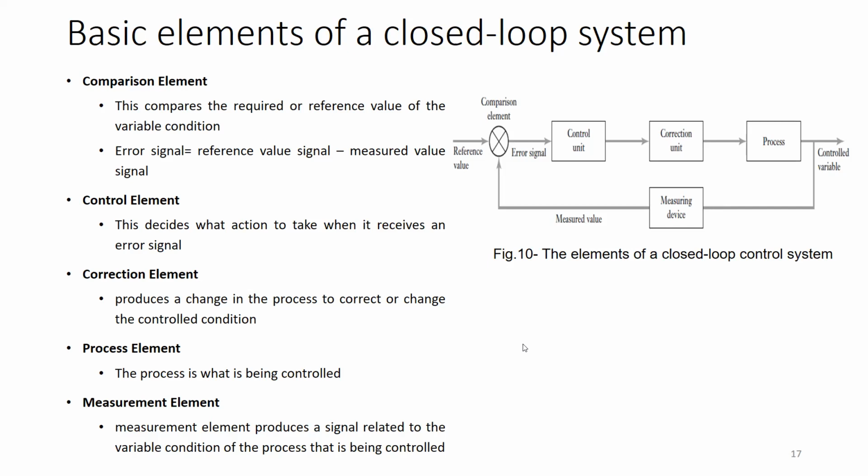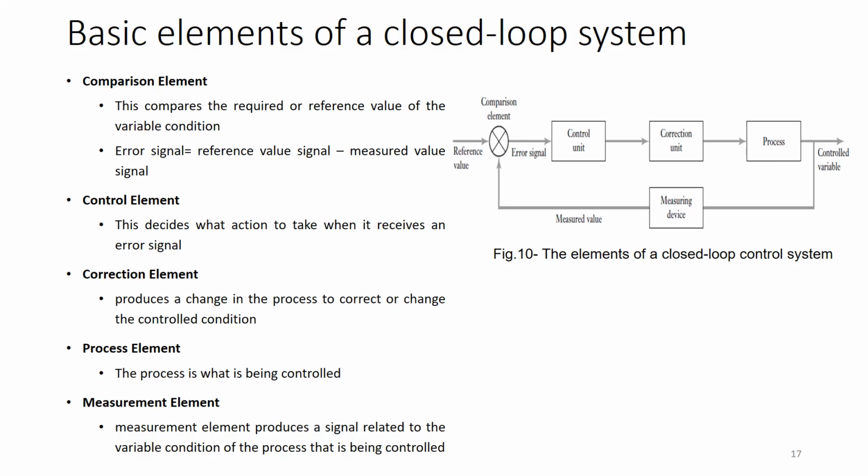Next is the basic elements of a closed loop control system. So what are the basic elements? If we elaborate the whole control system into a number of parts and split them, then we have further parts or units in a control system.